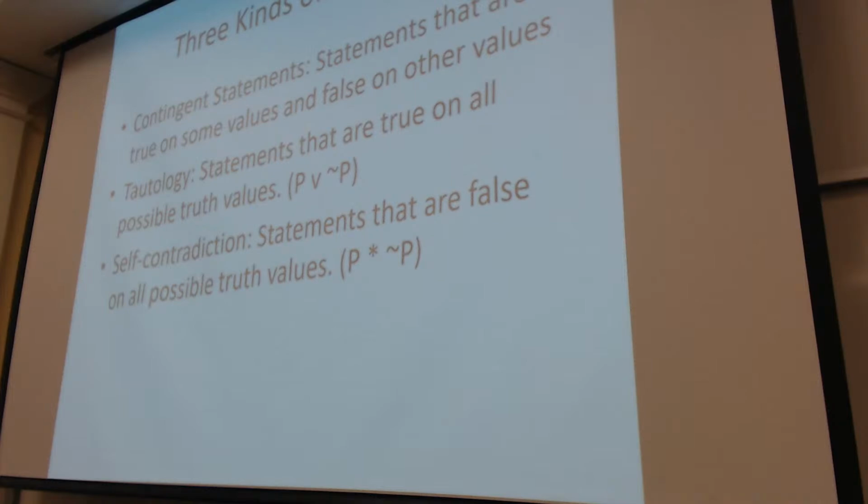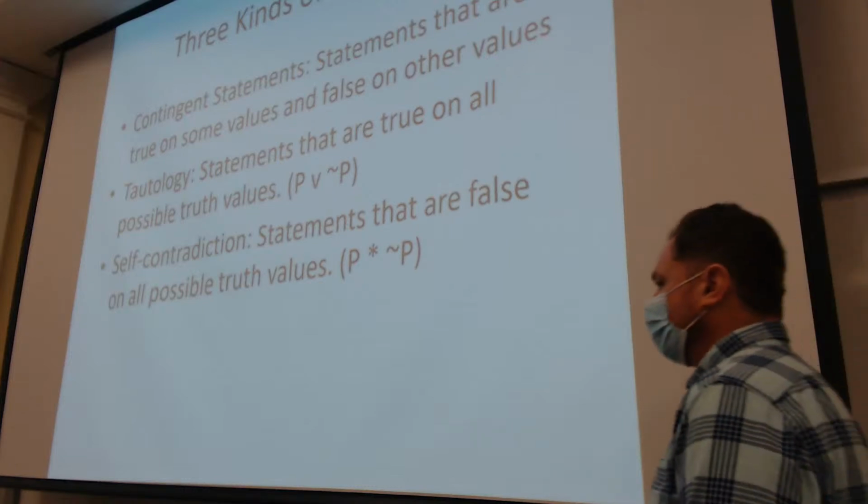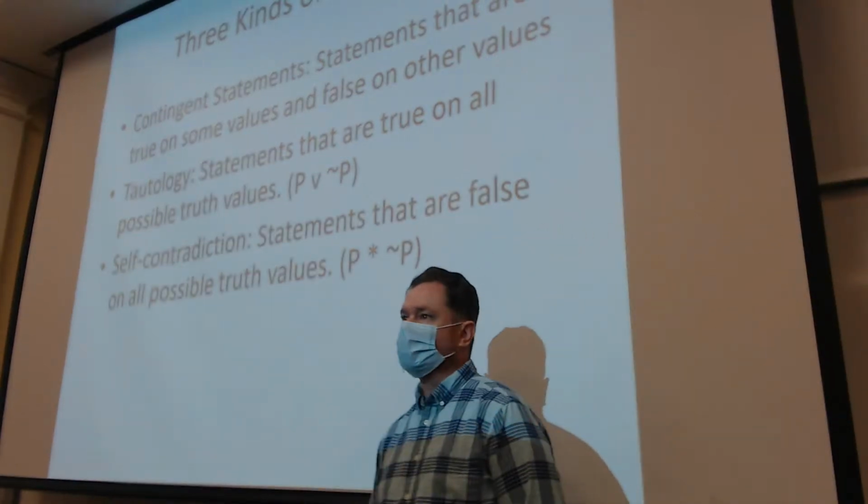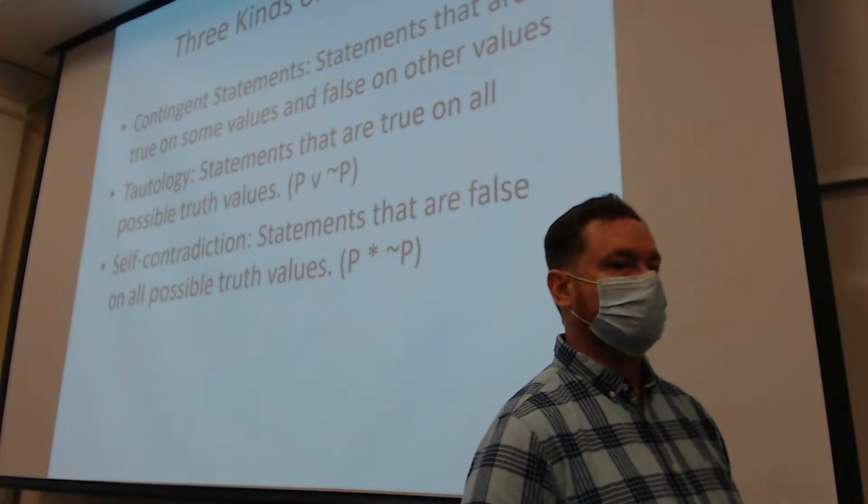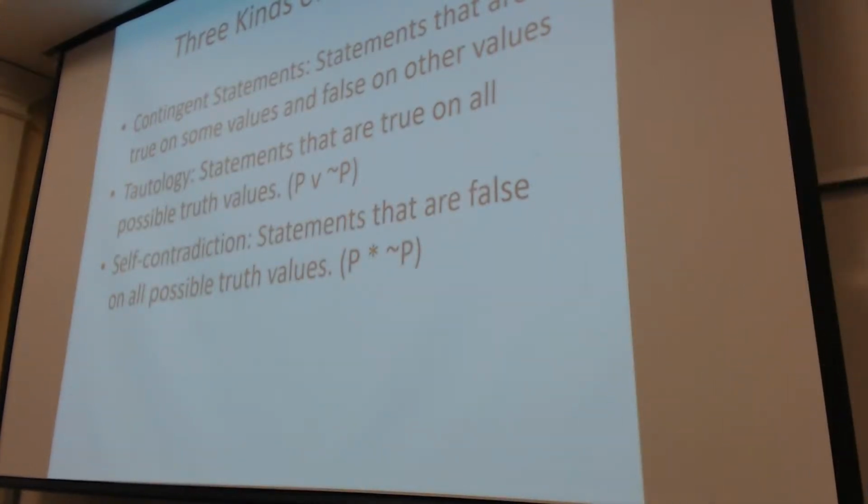So on all possible combinations of truth values for the constituent statement letters, the claim P and not P is always automatically false. So one thing you can do with a truth table is run through all possible values of the constituent letters to distinguish between contingent, tautological, and self-contradictory statements.